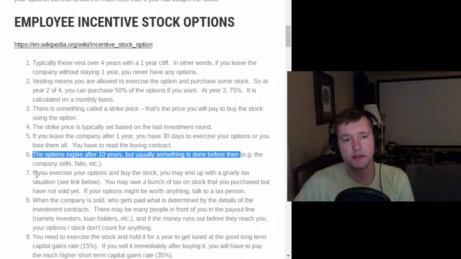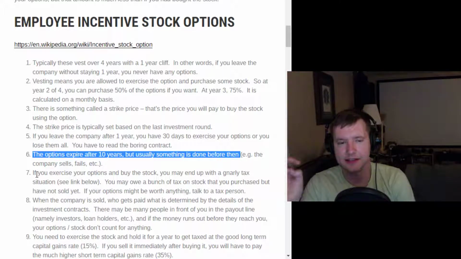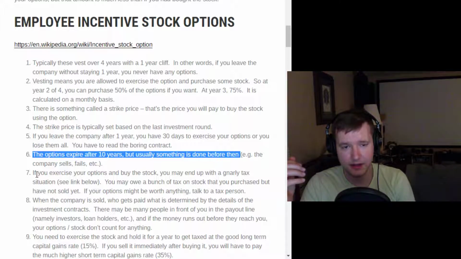If you exercise your options, you may end up in a gnarly tax situation. I'm going to include a link at the bottom that goes into more detail about this. But basically, under the AMT tax laws, exercising the options is counted as income, and so they can charge you a bunch of tax on that income.